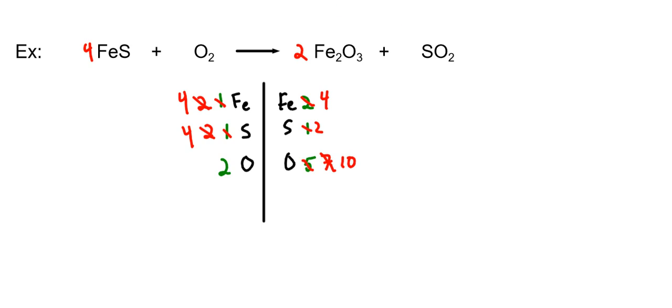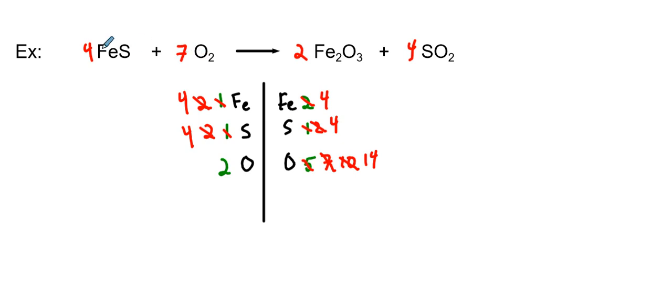I want to double it to make it a 4. And that's also going to change my oxygen. It's not going to mess up my even piece, but it's going to mess up the 10. This is now 8 plus an additional 6 is 14. And now what number? It's the 7 from the 7/2.